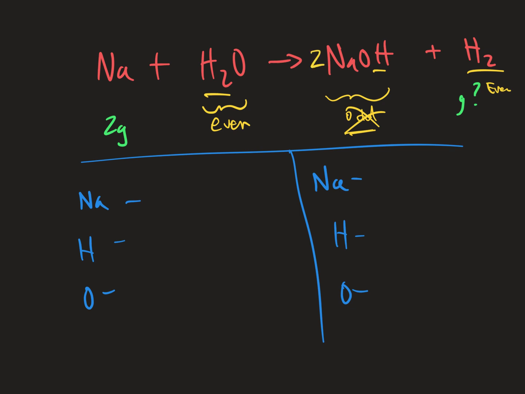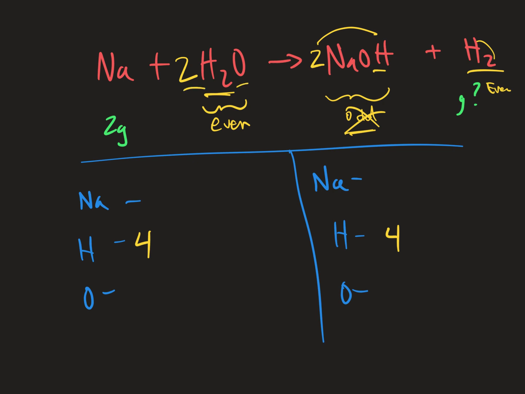You follow that? Okay, so now let's count. We have 2 hydrogens, that's 4 on the right. We have 2 here, so we better put a 2 there to have 4 on the left. We okay so far? Okay. And then we can count the oxygens next.